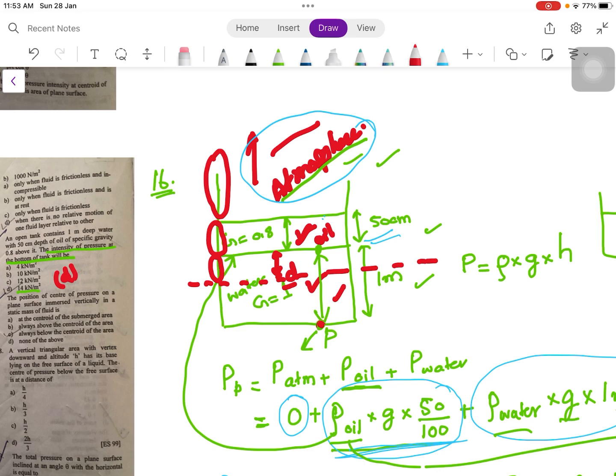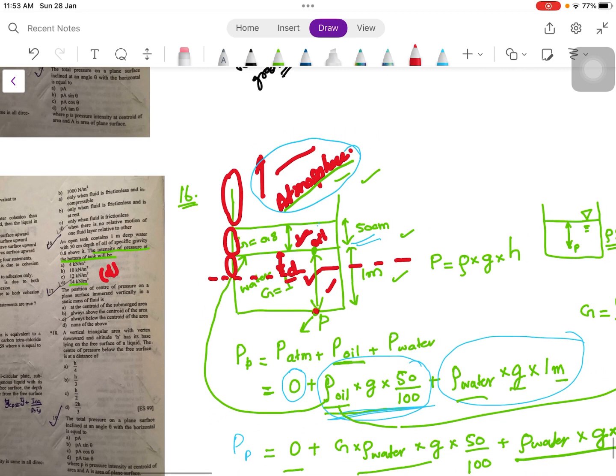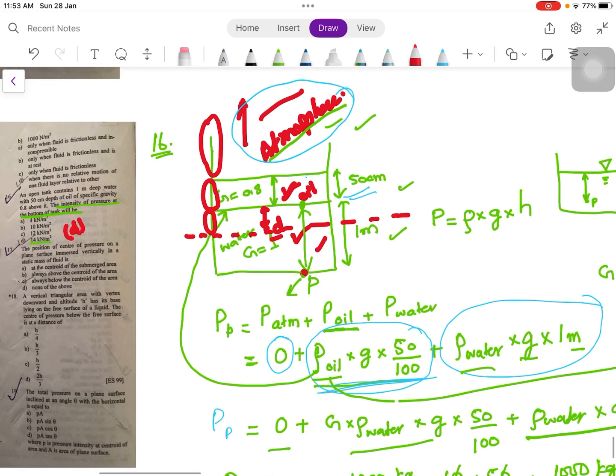If any value was assigned to the pressure of atmosphere, it would have got added. Otherwise, we could safely assume that the pressure due to atmosphere is 0 in the situation.